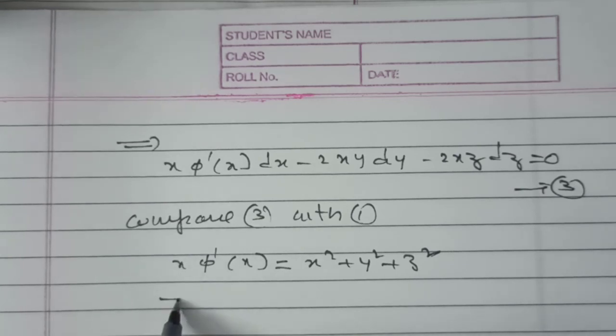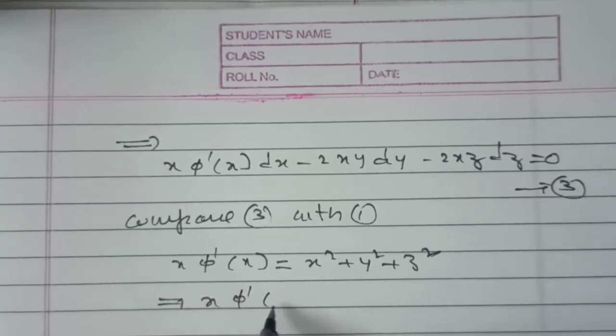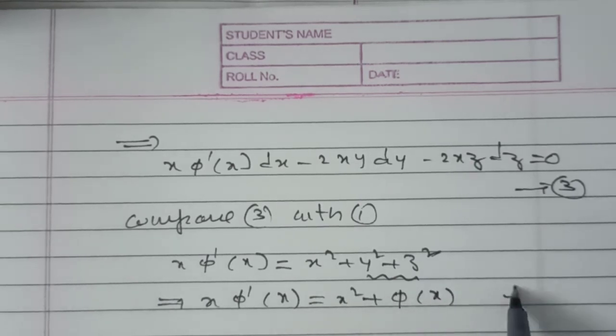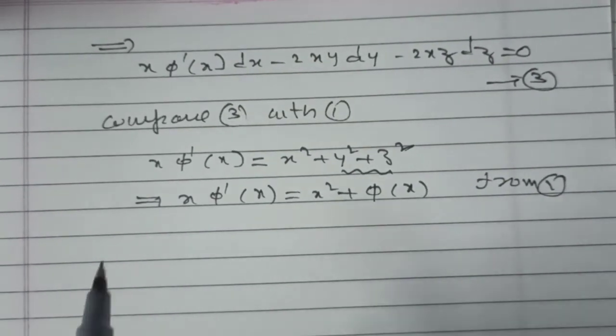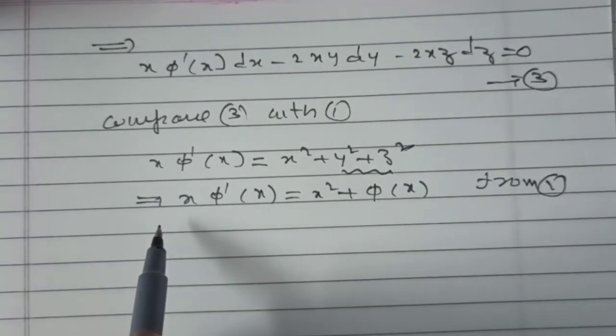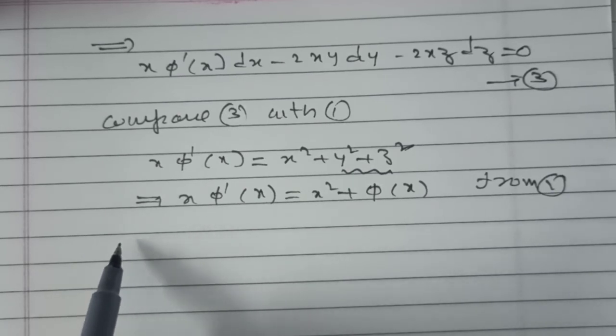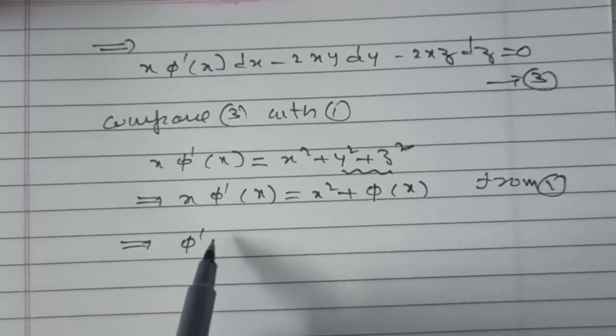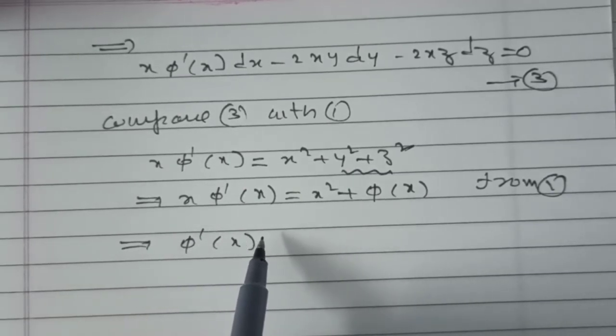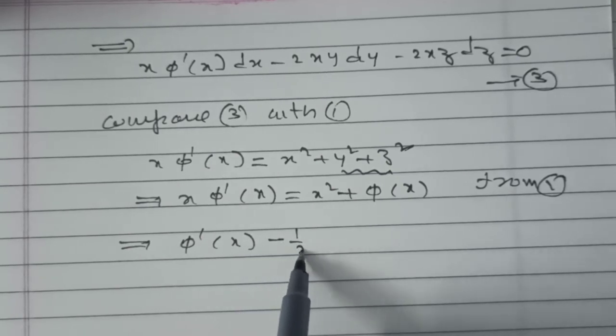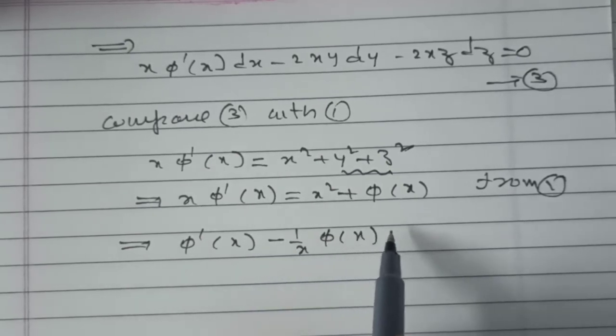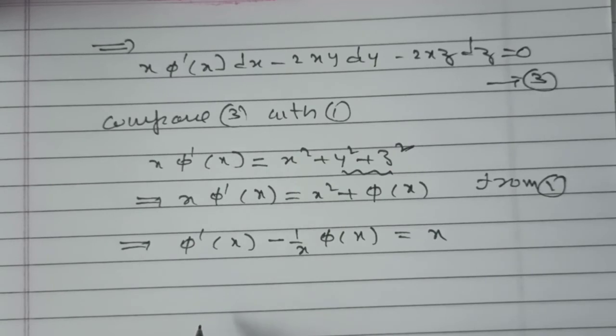Implies x phi dash of x is equal to x square plus phi of x from 2. This implies phi dash of x minus 1 by x phi of x is equal to x.